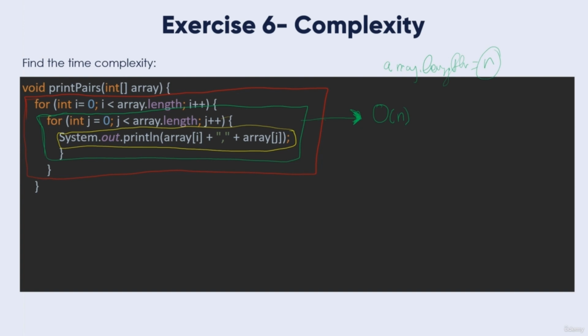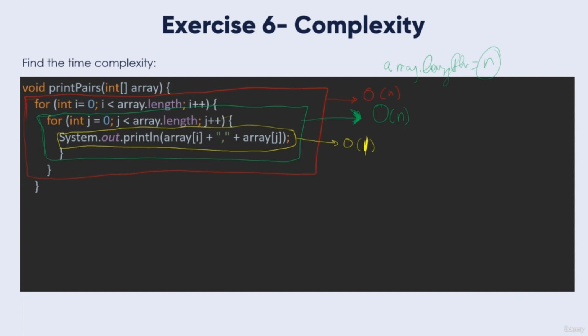So the complexity of this is O of n, and the outer loop is O of n. As we have said, this is the outer loop, the green is the inner loop, and the yellow is O of 1.